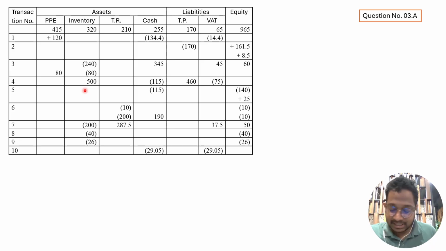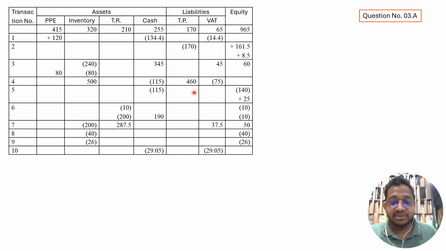So adding that 15% VAT, the purchases you paid with VAT is 115, and the other 20 electricity fans you purchased on credit. So 20 into 20, the purchases before VAT is 400, and to that you have to add 15% VAT, so it is 460.